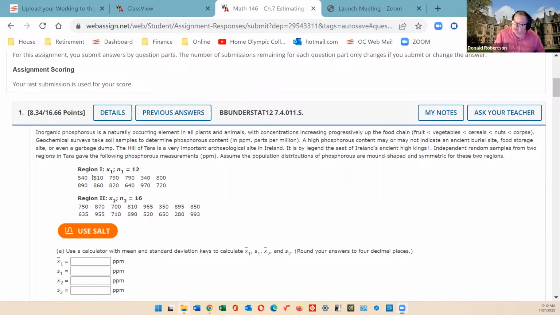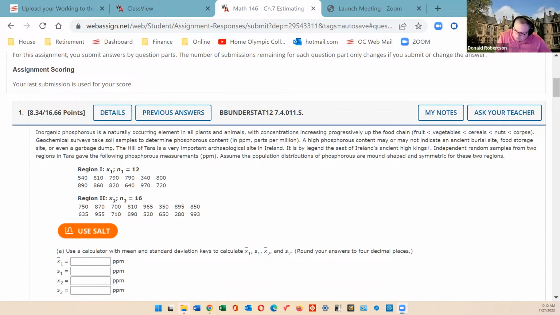Didn't know that until I read this question. Evidently, most natural things, plants, have phosphorus in them, and depending on how much phosphorus, there's a kind of hierarchy. So fruit have the lowest, vegetables are next, cereals are next, nuts are next.